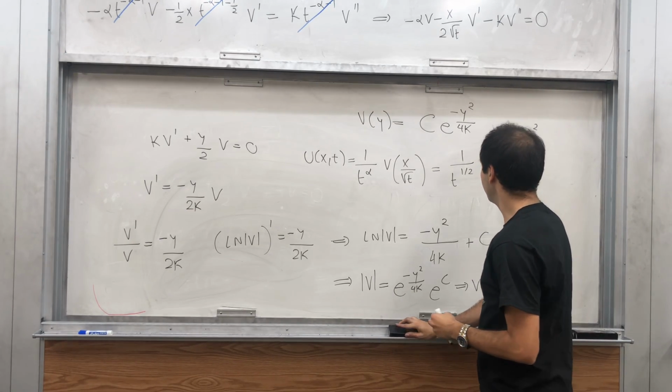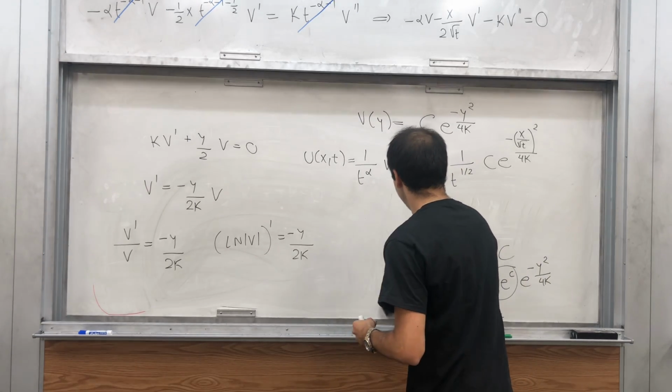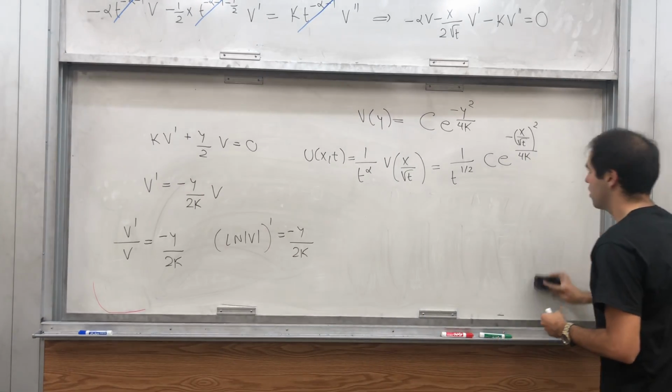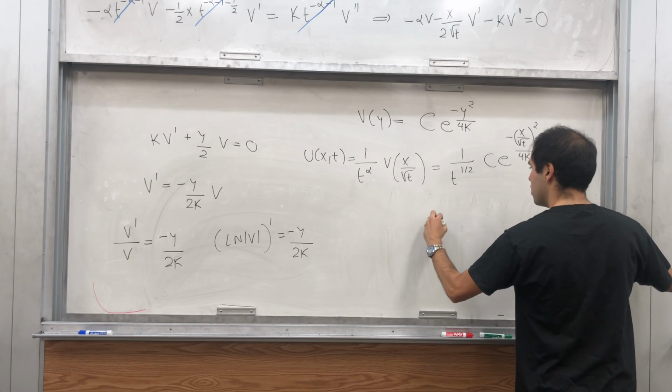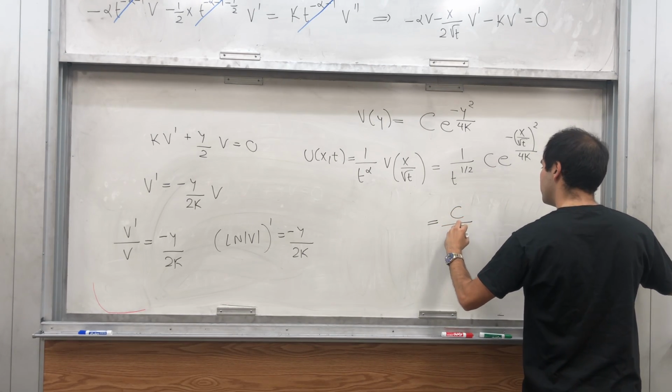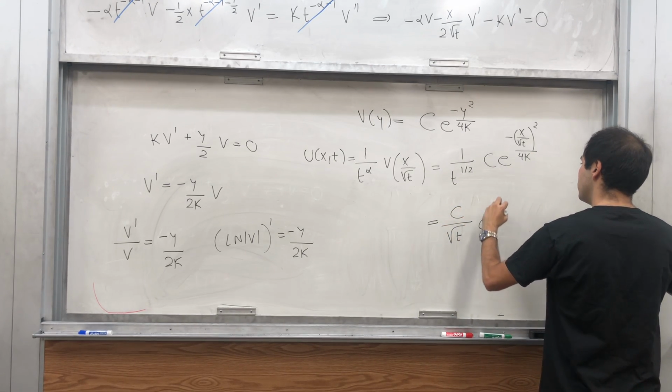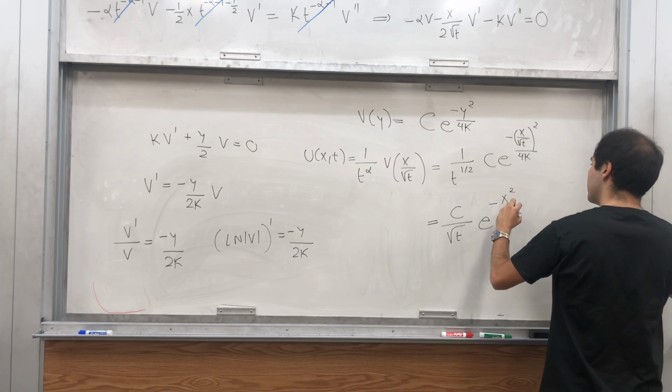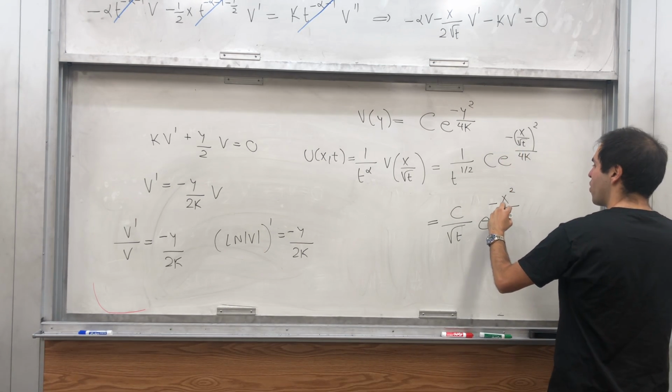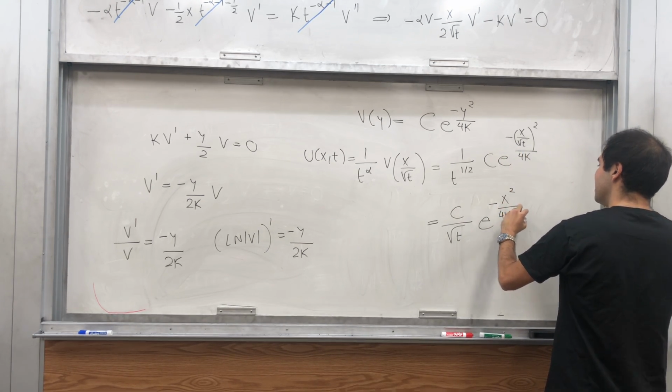And if you do that, you simply get c over square root of t, e to the minus x squared over 4kt.